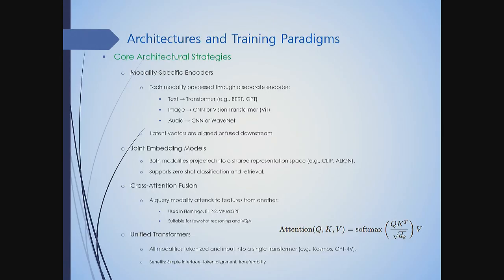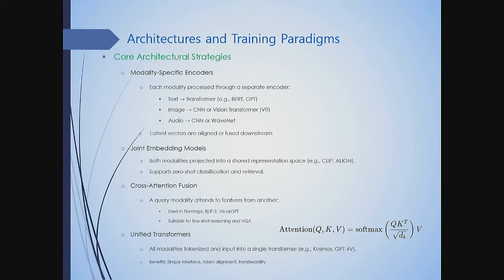Okay, so let's look at architectures and training paradigms for multimodality. We talk about the core architectural strategies. First, the modality-specific encoder: each modality is processed through a separate encoder. For example, in a multimodality setup, you can combine text, image, and audio.